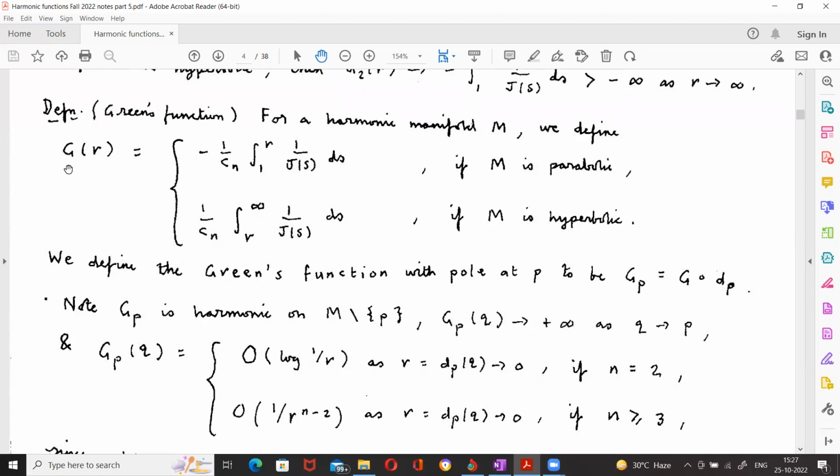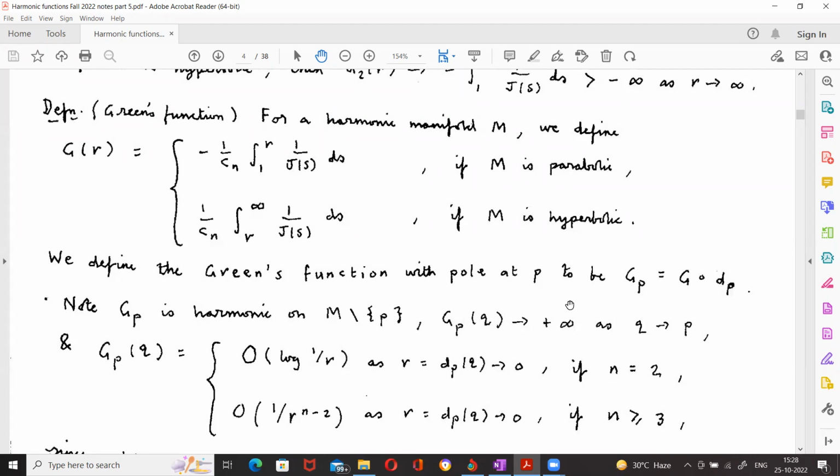Well, this is just a function of R. If M is parabolic, we define this. And if M is hyperbolic, we take the integral from R to infinity. And then we define the Green's function with pole at P. So this will be a radial harmonic function around P. G sub P is this function G composed with the distance function at P.